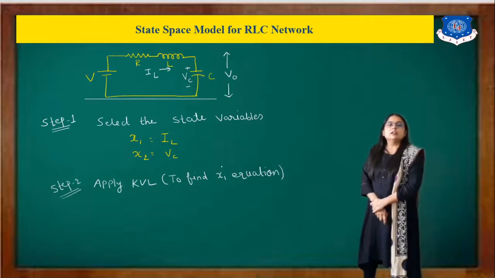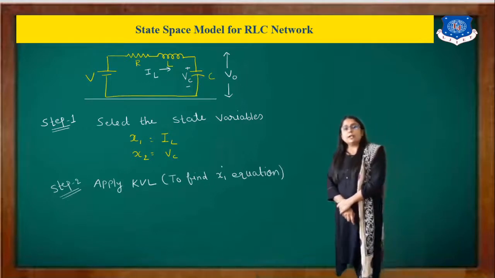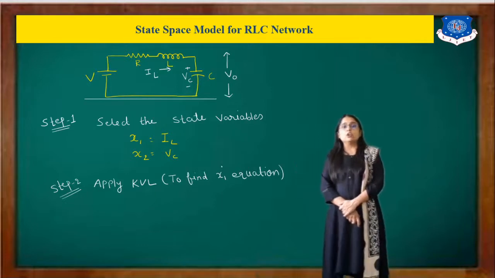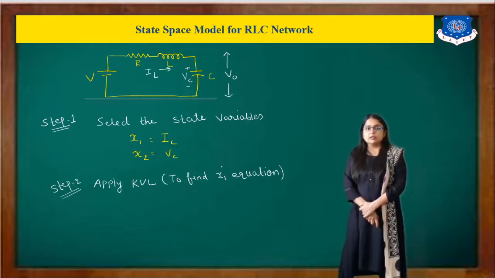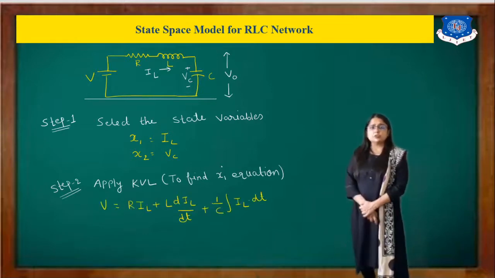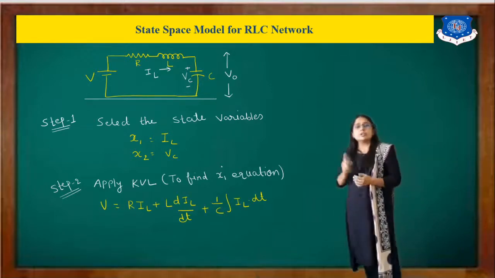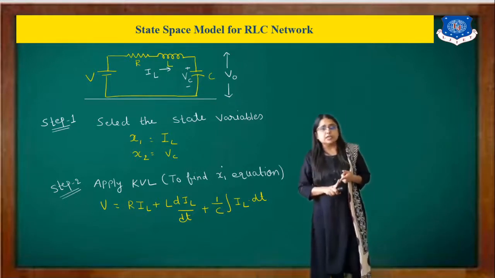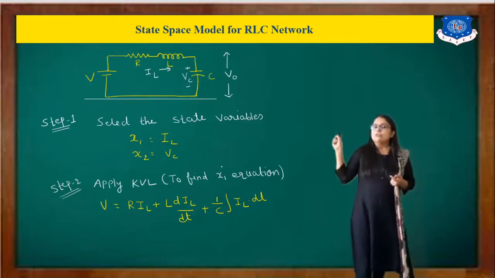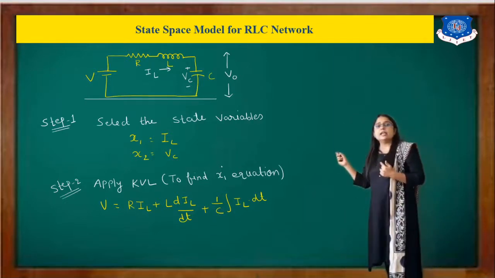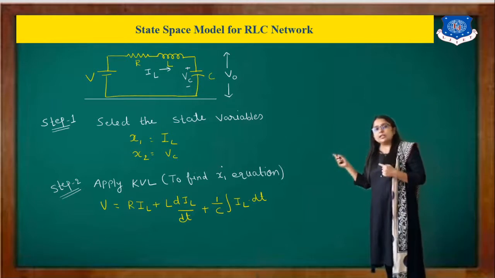Now the second step: we apply the KVL equation in order to find the x1 dot equation. The KVL equation is V equals the voltage drop across the resistor, that is IR, plus the voltage drop across the inductor, L di by dt, plus the voltage drop across the capacitor, that is 1 by C integration of IL dt. Why am I writing IL?